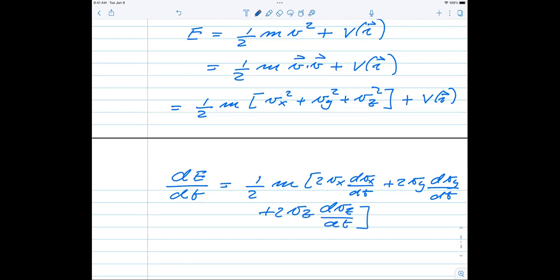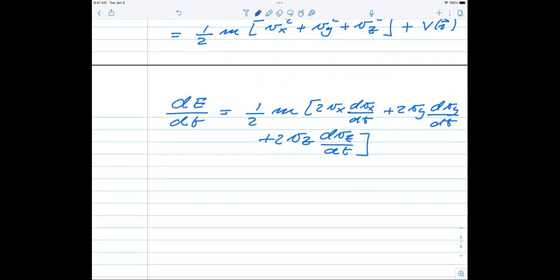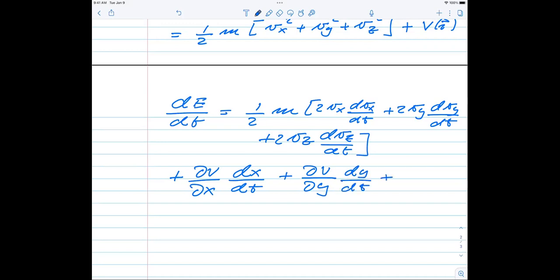So that means that when we take the derivative of the potential, we have to be a little bit careful here. So when we now look at the potential, what we will get is a dV dx, the partial derivative, and then we have a dx divided by dt plus a dV dy multiplied with a dy dt plus a dV dz with dz dt here.